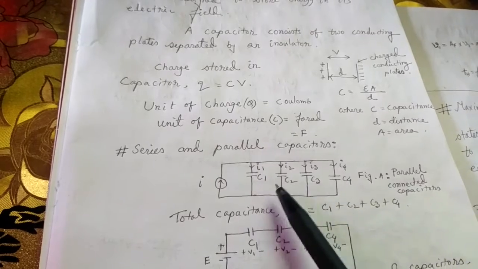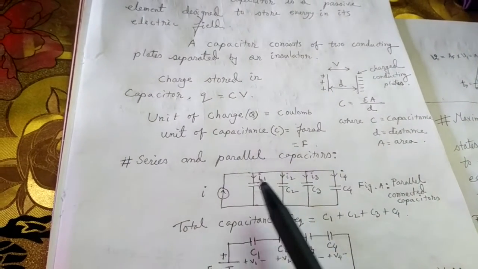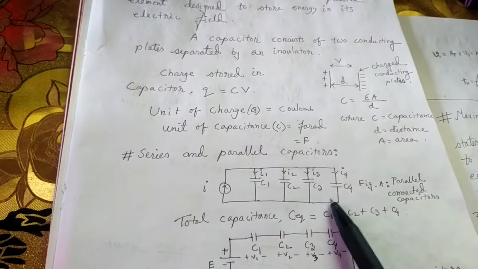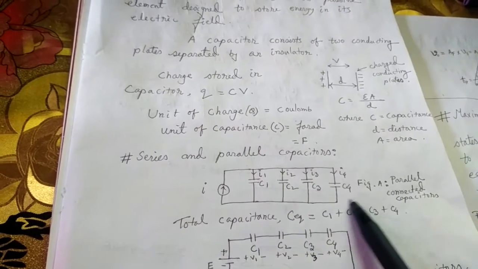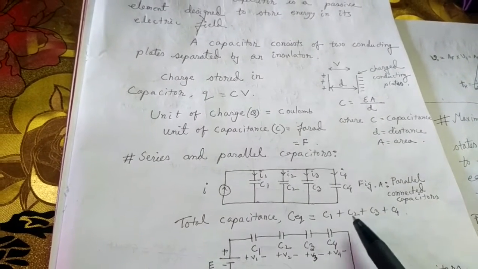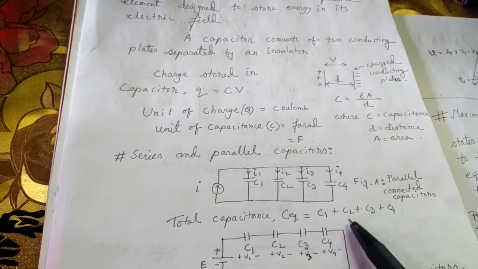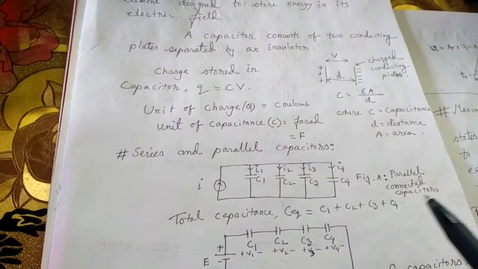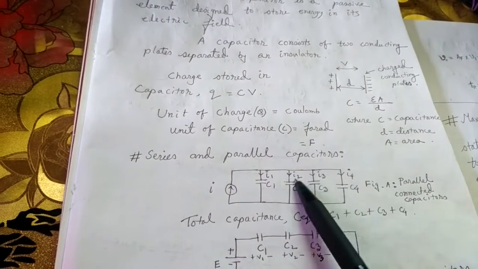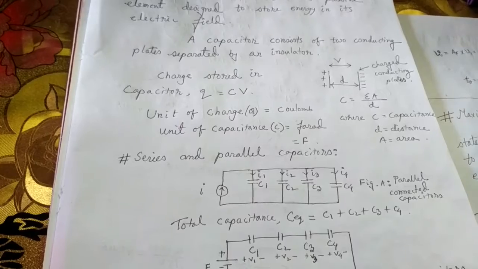It is just opposite to the resistor operation. For series equivalent resistance, it is R1 plus R2 plus R3 and so on. The capacitor is just opposite to the resistor operation.